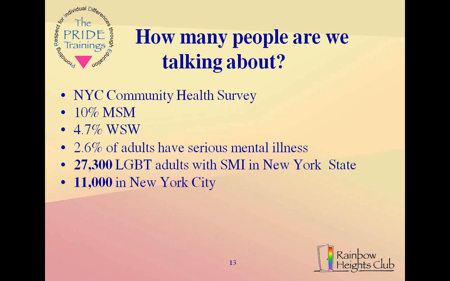Now, in New York City, how many agencies do you think there are that are specifically funded to meet the needs of this particular population? 2. Rainbow Heights Club is one of them, and the other is Center Care Services at the LGBT Center, which is a small mental health clinic that can only provide short-term treatment for psychotherapy and also substance abuse recovery. So those are 2 LGBT agencies, 11,000 people.